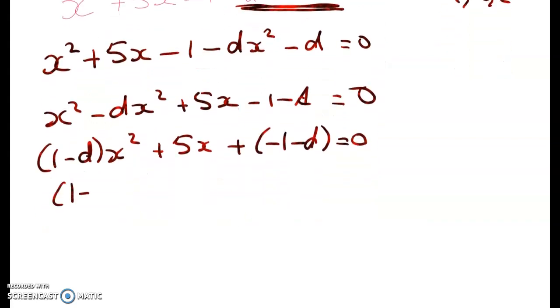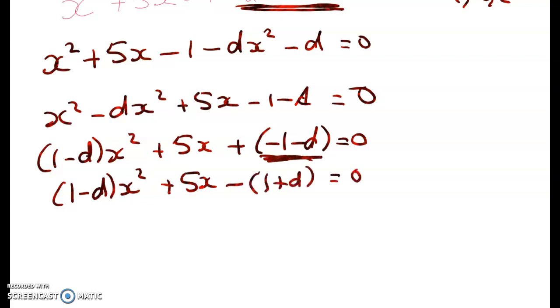I'm going to rearrange that a tiny bit more. I'm going to take out a common factor of negative 1, so it's going to be minus 1 plus d equals 0.